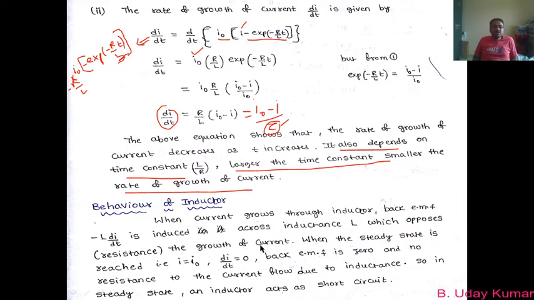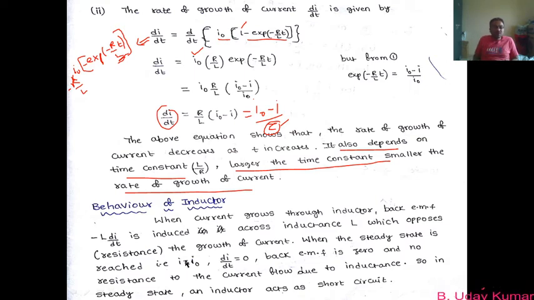When the steady state is reached, for example, let us assume that once you connect the switch S to A, the current in the circuit reaches its maximum value. Maximum value means steady state. We can also call it the steady state current, or the maximum value of current that can flow through that circuit.